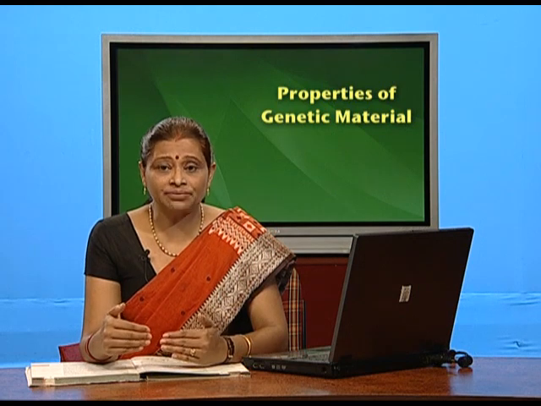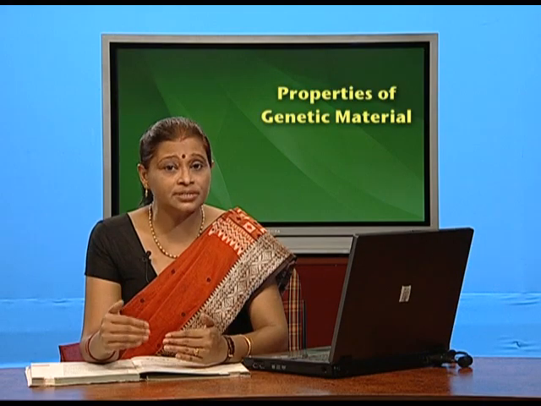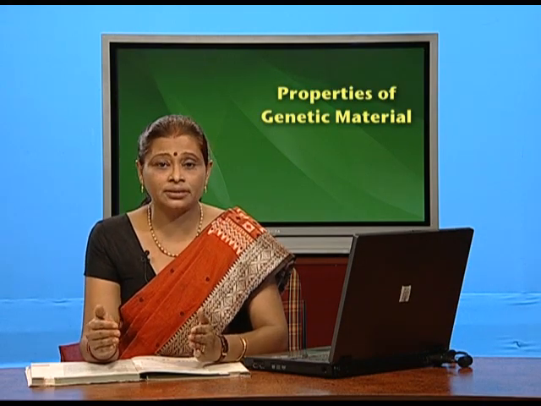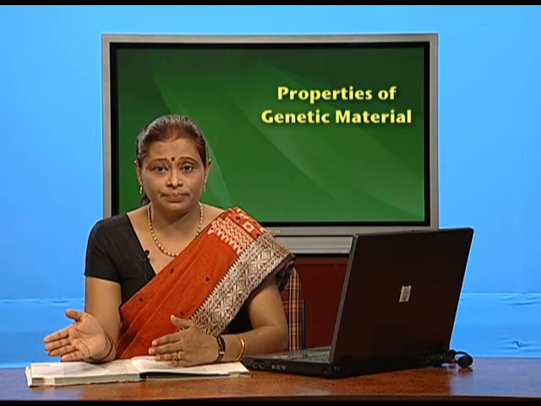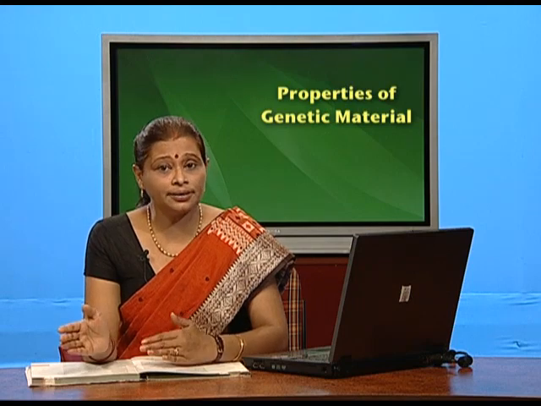All these evidences show that RNA is the first genetic material. That means RNA appeared first and by modification it has given rise to DNA, because the DNA is more stable than RNA. Now, let us see how DNA replicates.